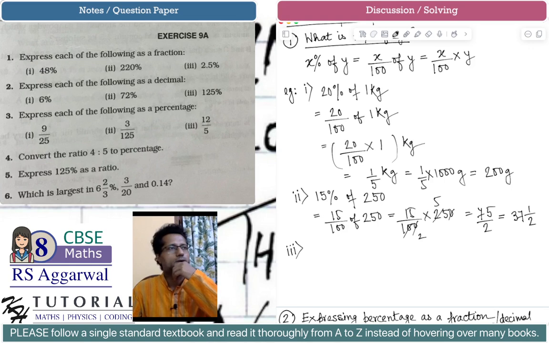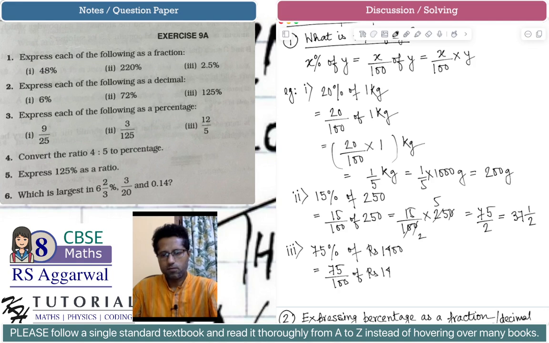Let's say how much is 75% of rupees 1400. So this will be equal to 75 by 100 of rupees 1400.